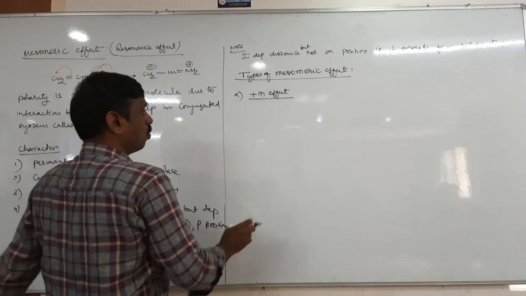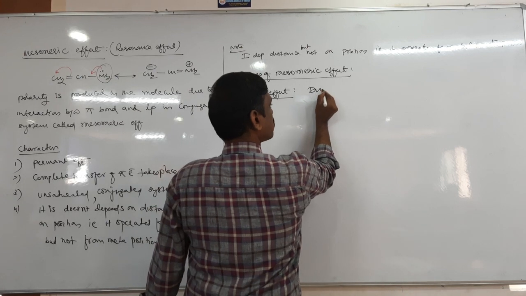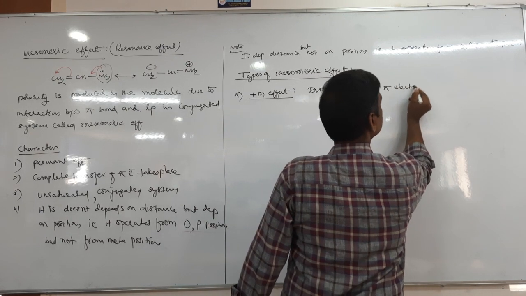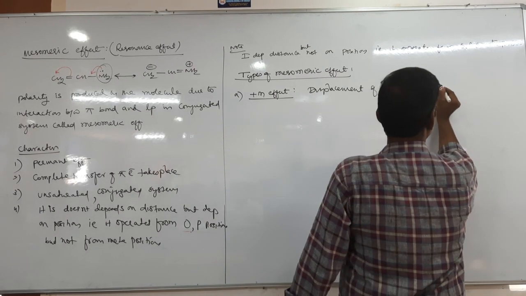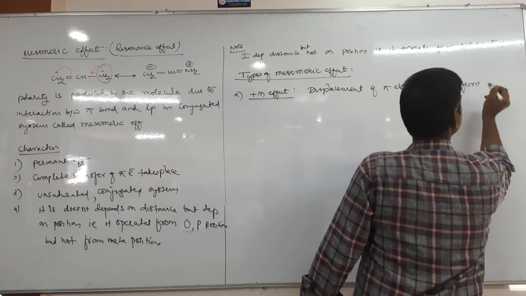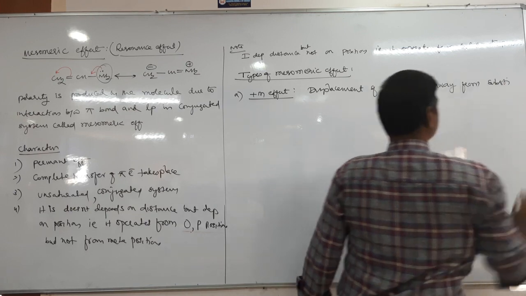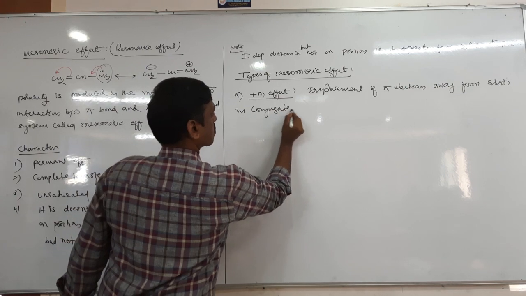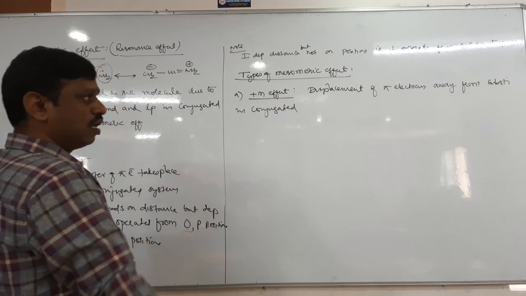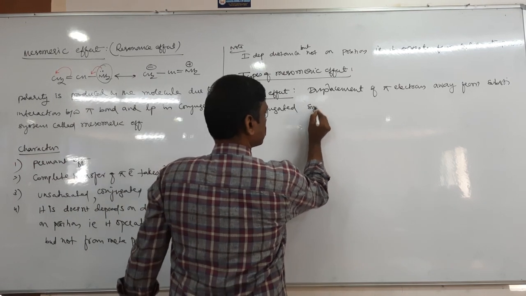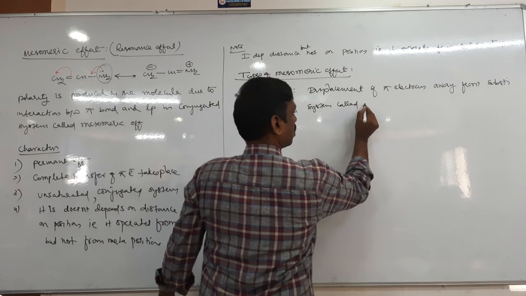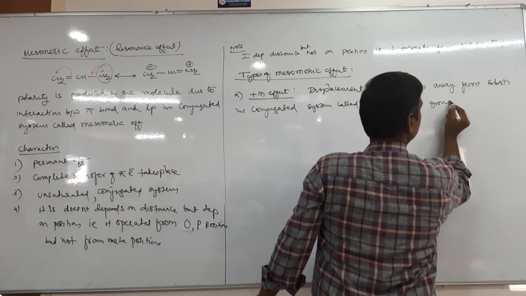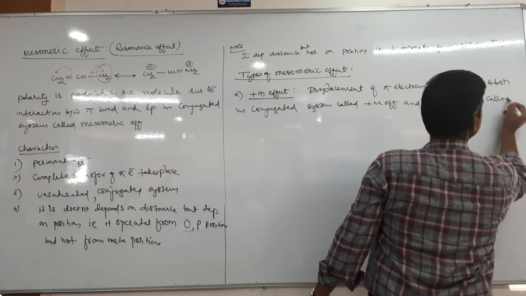So therefore tell me, what is a plus M effect? Displacement of pi electrons away from the substituent in a conjugated system is called plus M effect, and the groups are called what?